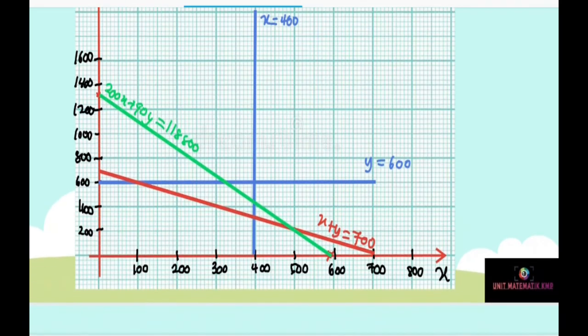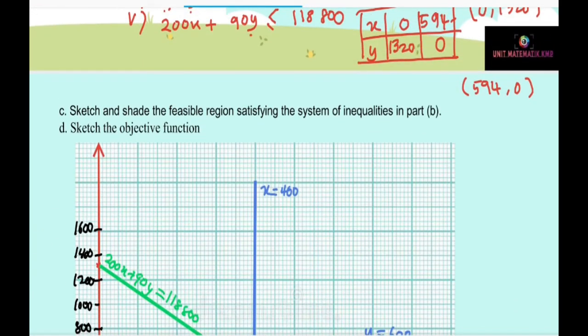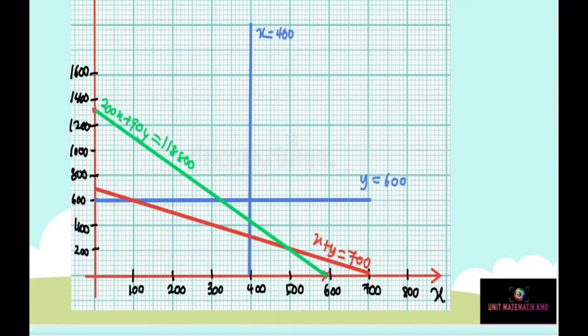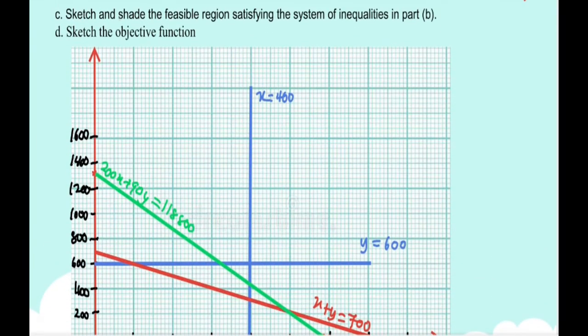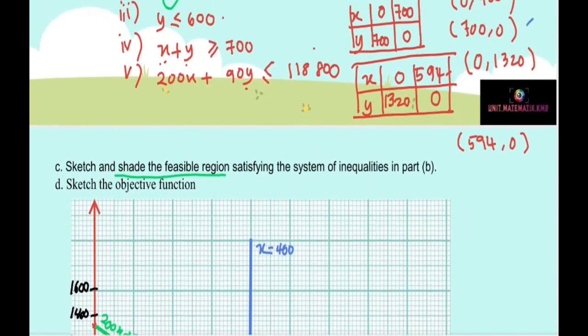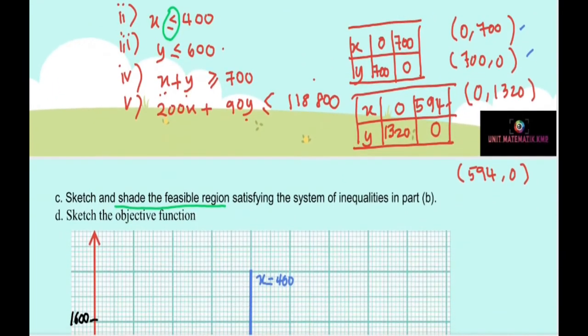Then, to sketch the feasible region satisfying the system of inequalities, we look back at each of the inequalities.